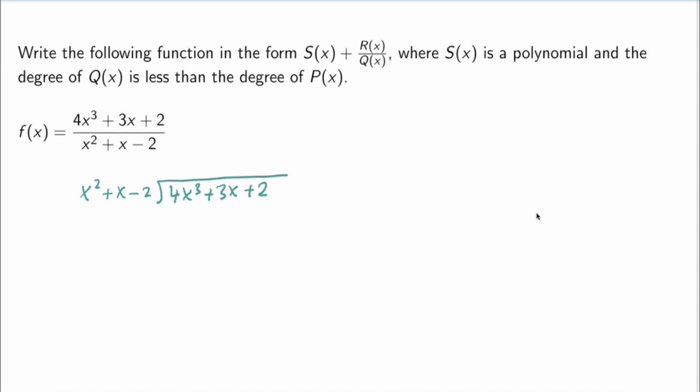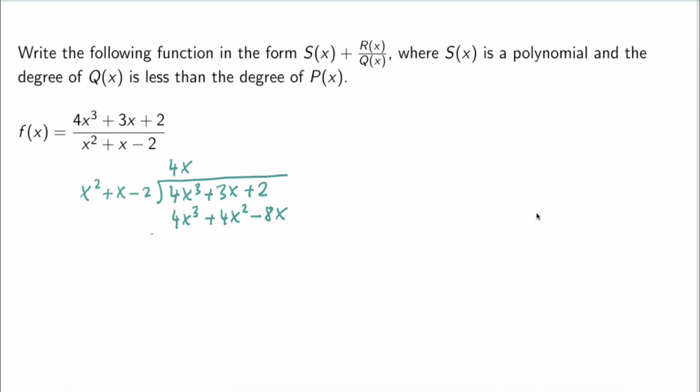And now this is one way to write down long divisions. There are other ways as well. So we wonder, how can we make an x squared into a 4x cubed? Well, we multiply by 4x. And if we do this, then we get 4x cubed, and we get 4x squared, and then we get minus 8x.